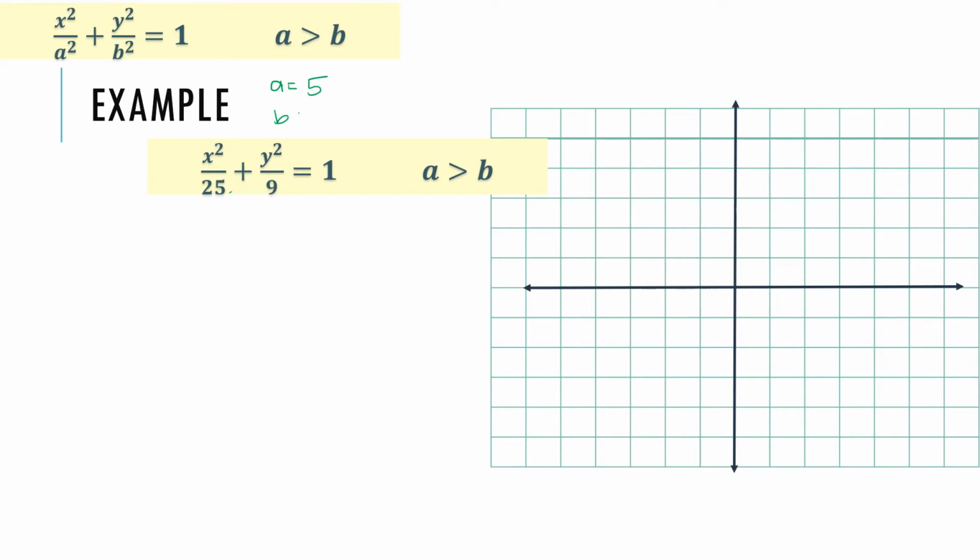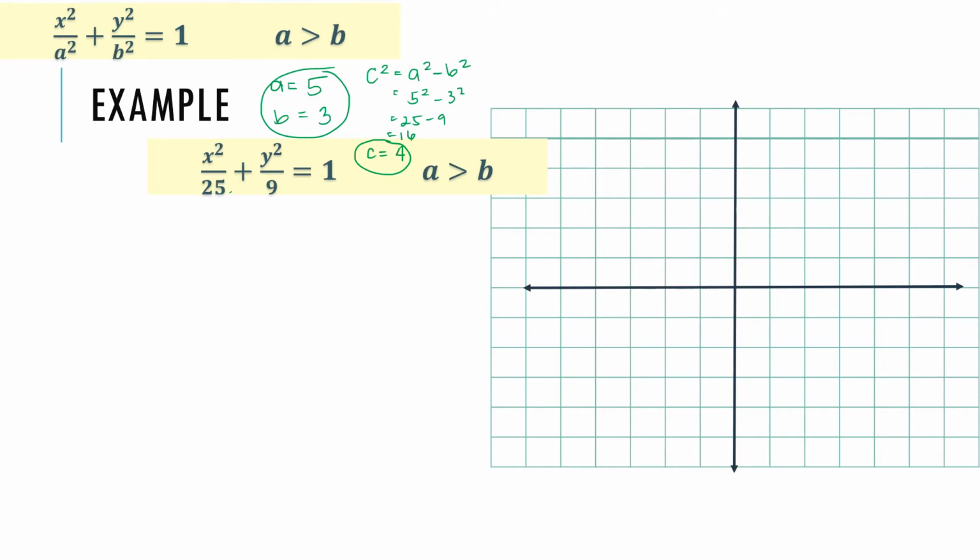What is b? So, kay 9 ka naman titingin, 3. Compute na rin natin si c. c squared is equal to a squared minus b squared. We have 5 squared minus 3 squared. This is 25 minus 9 equals 16. Therefore, c is 4. Tandaan itong tatlong ito.